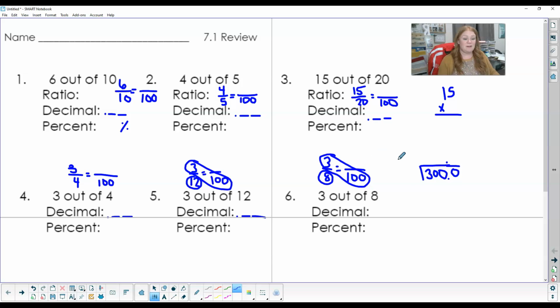So this number out of 100 is your percent, and then we move our decimal forward 2 places. So this is going to have 2 places, then the decimal, then a third one for your percent. We're moving it forward 2, so it's at the very front of it.